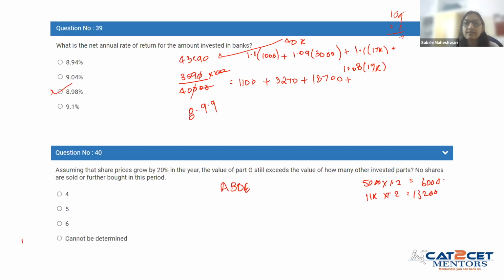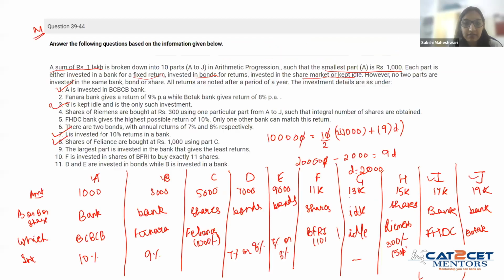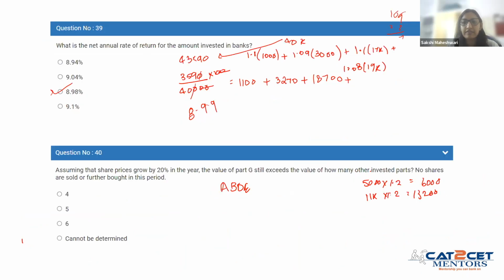So this will exceed G. So I think G still exceeds C, but in case of F, it will exceed. Okay, right? So we have five of these amounts which are still less than G, right?